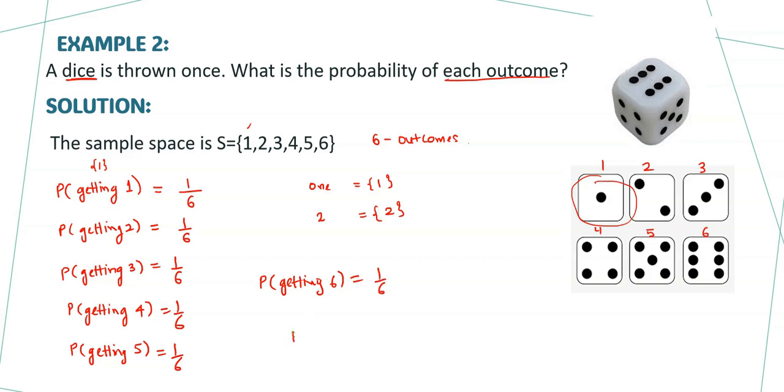If you add all of them, from probability of getting 1, 2, till probability of getting 6, what do you get? 1 over 6, 1 over 6, 1 over 6. How many times? 6 times. So this gives you 6 over 6, that is 1. So the sum of probability is 1. And all probabilities are greater than 0 and less than 1, each being 1 over 6.